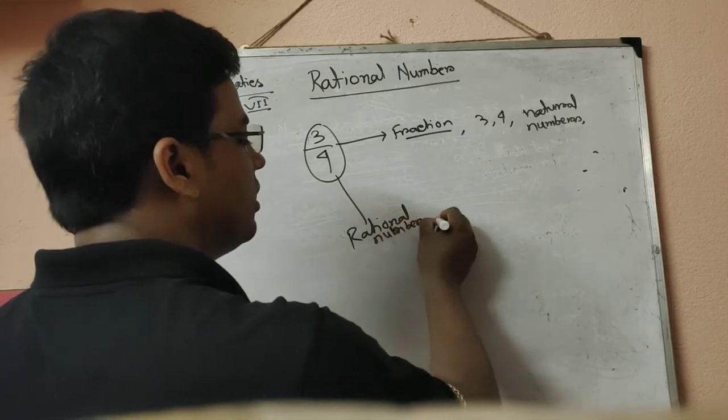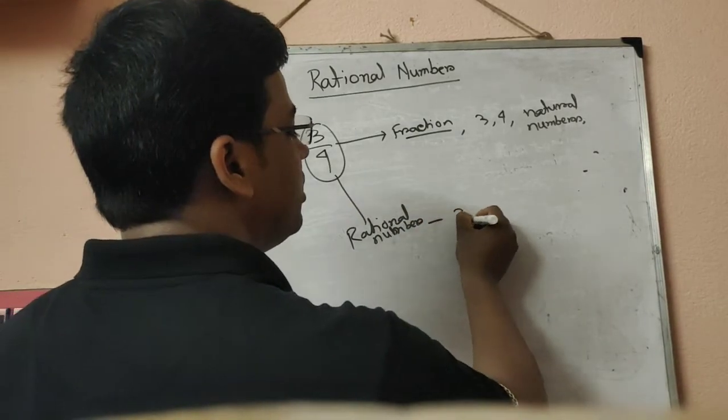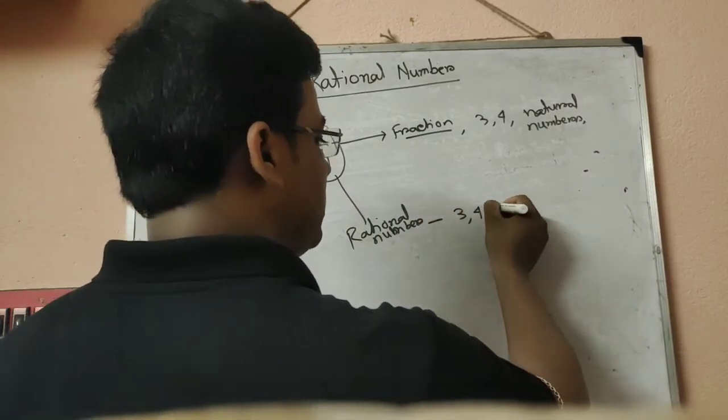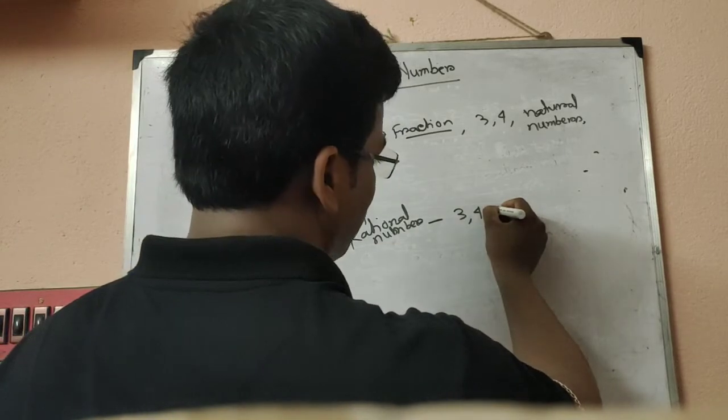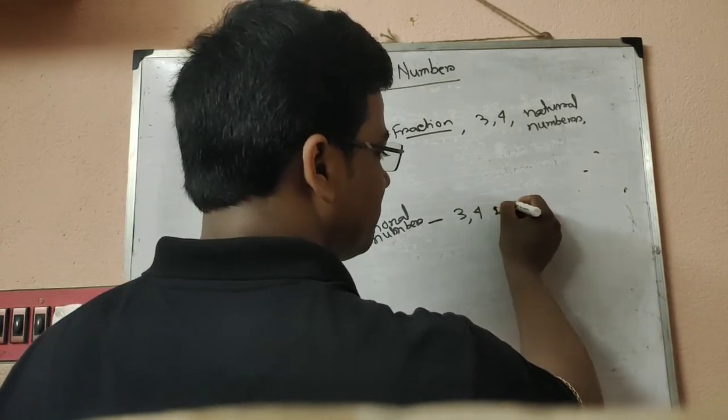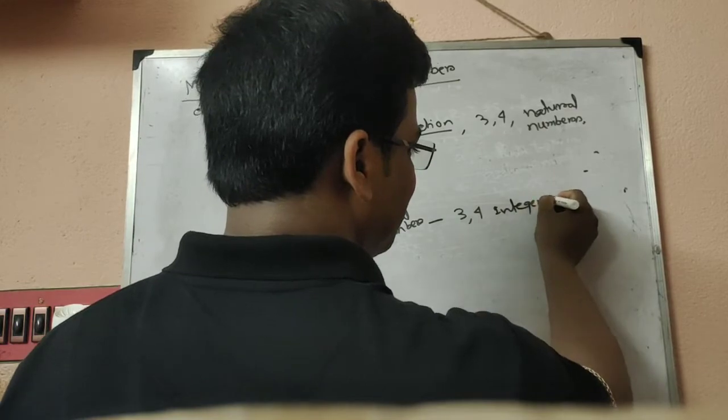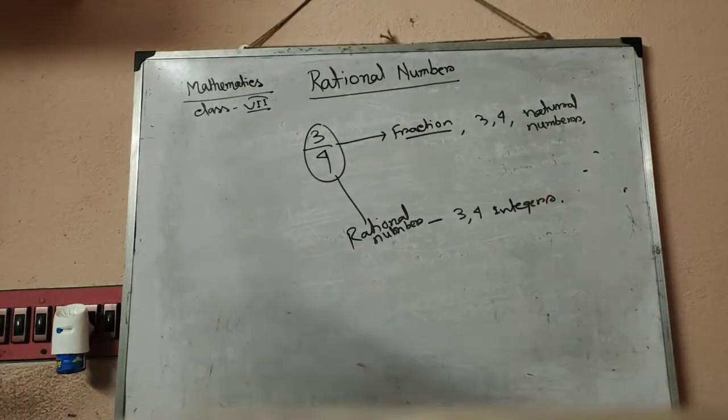Why? Because 3 and 4 are also integers. Clear?